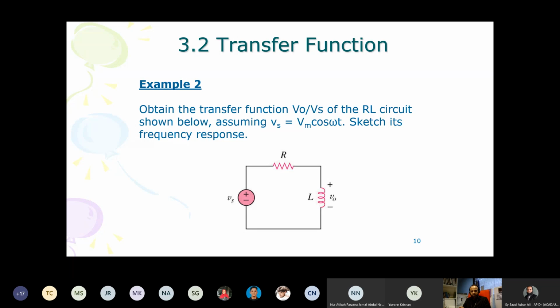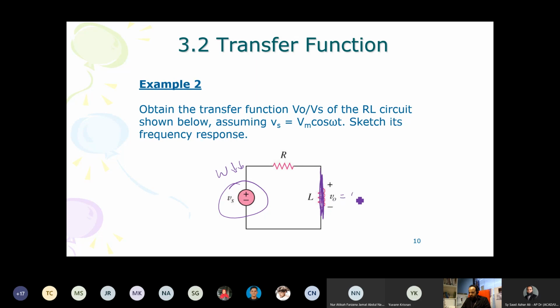Short circuit. Very good. So basically this will be like this, a short circuit. What will be V naught? 0. Very good.